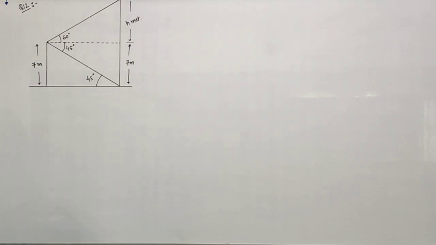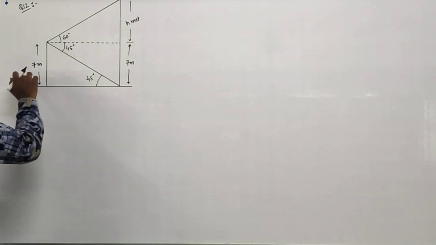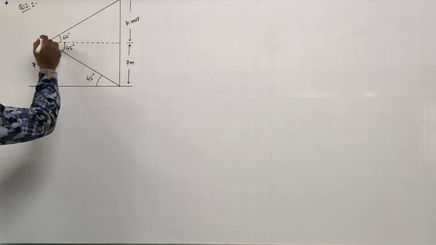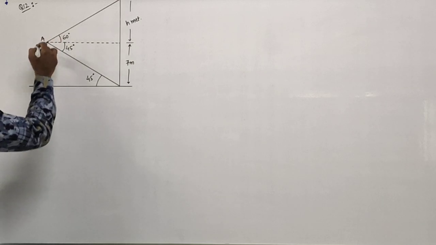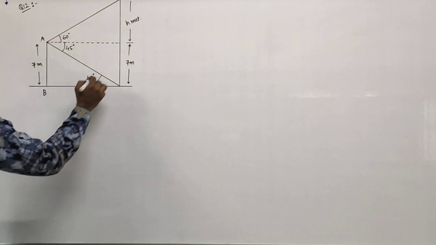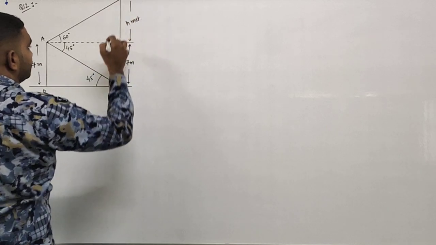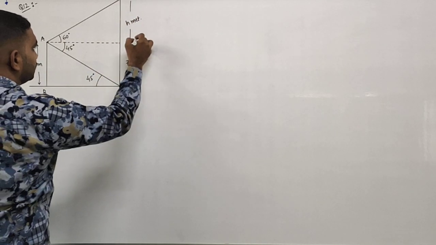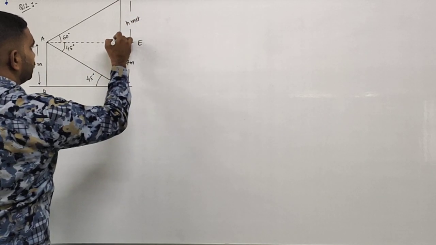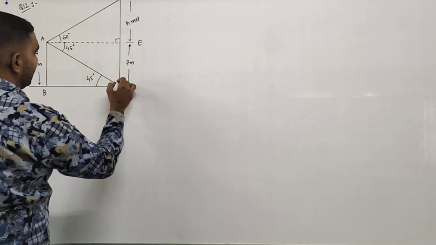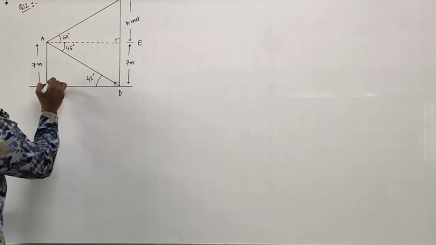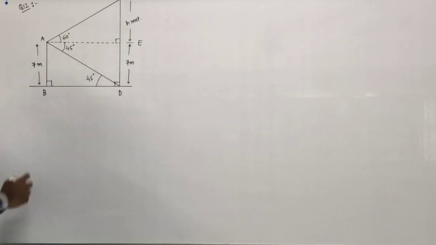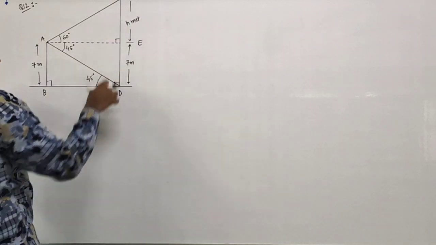Okay, so we are given this situation. From the top of a 7-meter tall building, that means the observer is here at this point, let us say point A, right? The observer is standing at point A. Now, this is the tower CD.